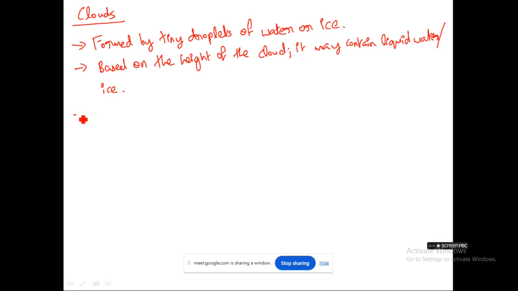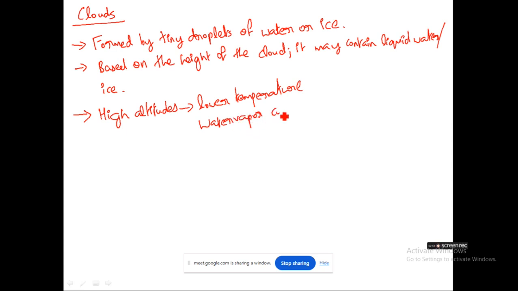So if the clouds are formed at very high altitudes, where the temperature is very low, water vapor eventually condenses to form ice.